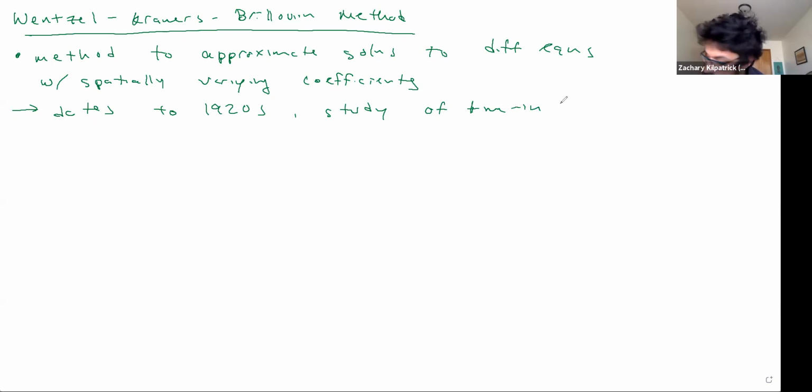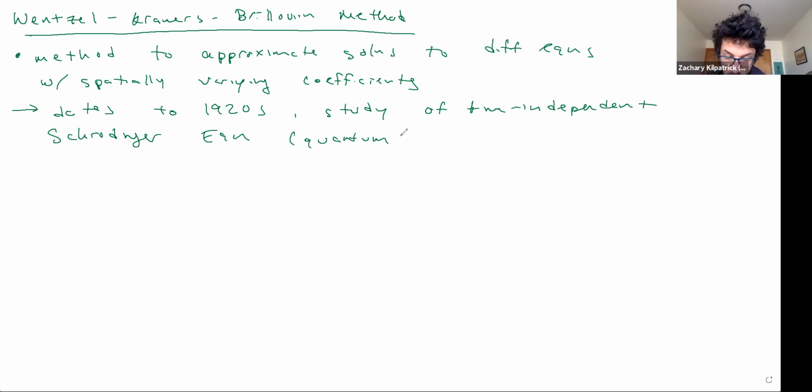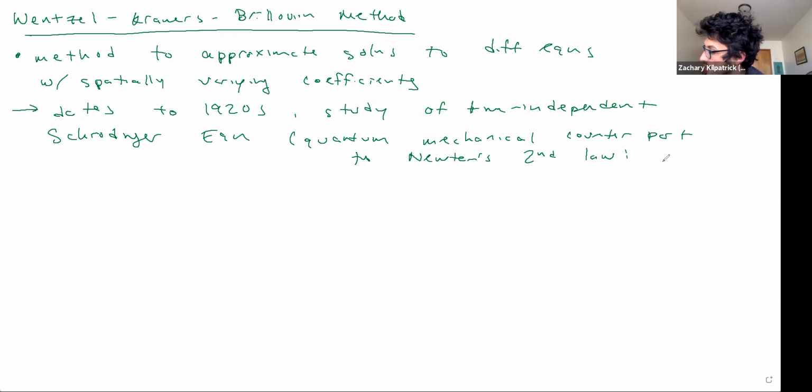the study of the time independent Schrödinger equation. And this describes the quantum mechanical counterpart to Newton's second law, right?